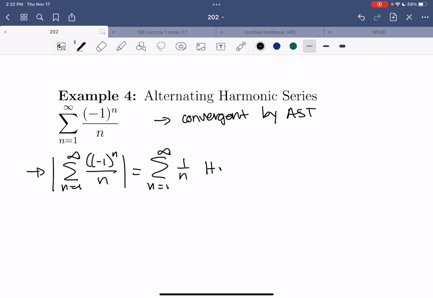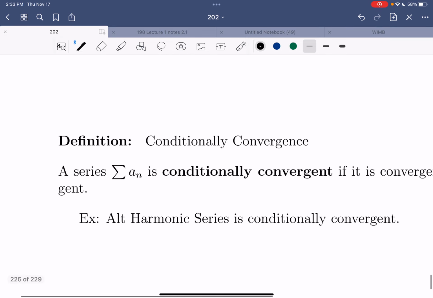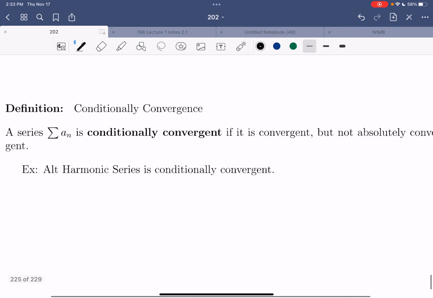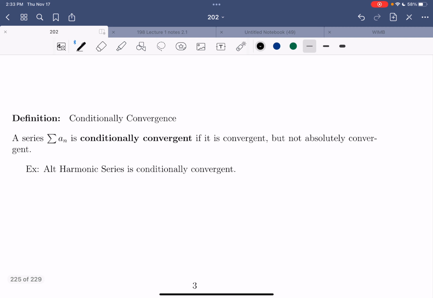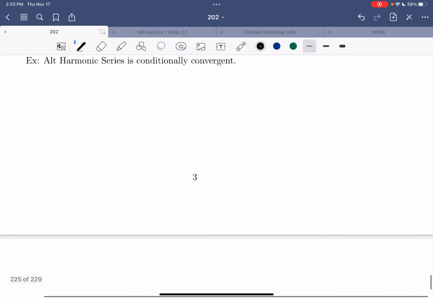And this is harmonic, which we know by the integral test diverges. So when the series converges, but the absolute value of the series diverges, we call that conditionally convergent. Conditionally convergent is when you have a series that is convergent but not absolutely convergent. So your alternating harmonic series is conditionally convergent.